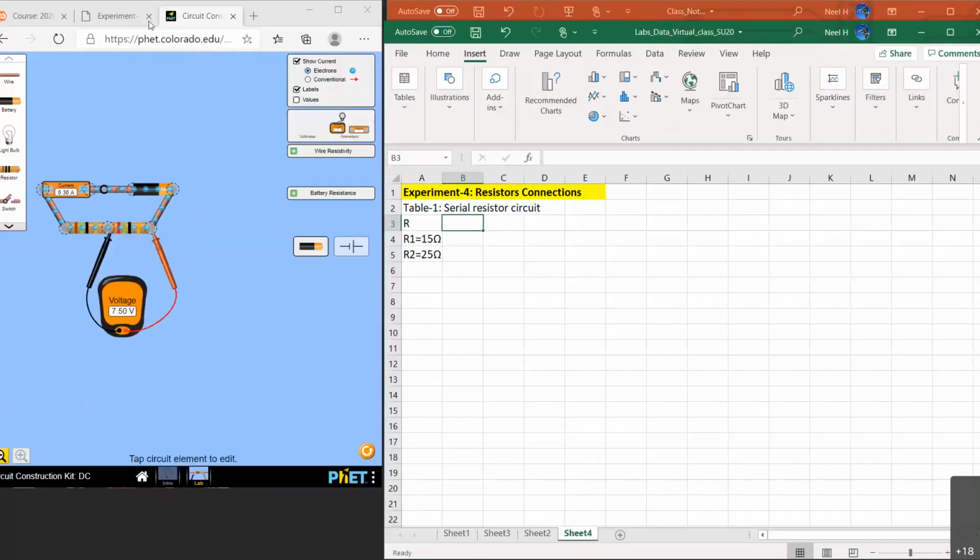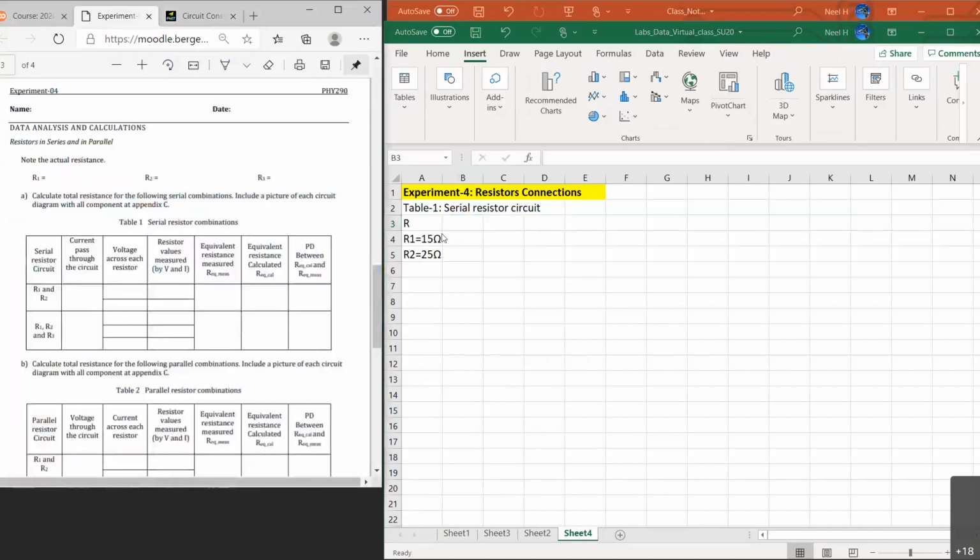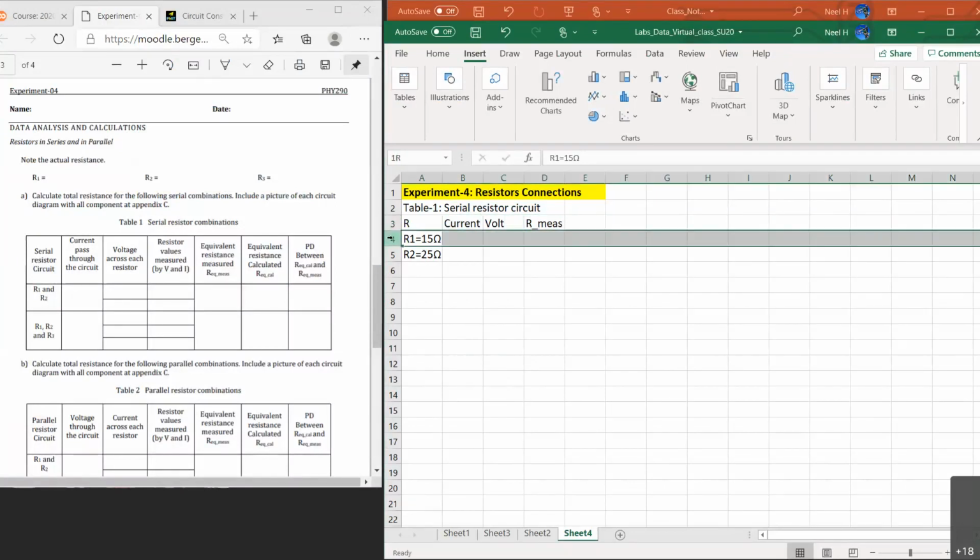in our table, we need to have exactly the same table as in your lab manual. So I need the current passing through the circuit, and then I need the voltage across each resistance. Then I need resistor values, R measured, by using V and I. And remember, you need the unit for all of these things.